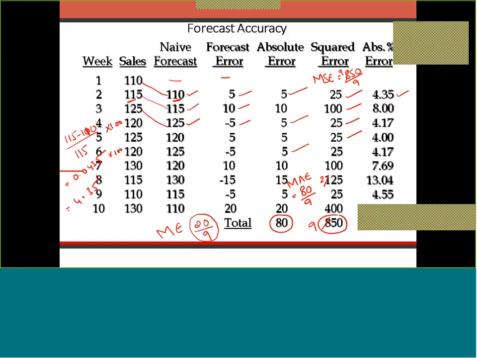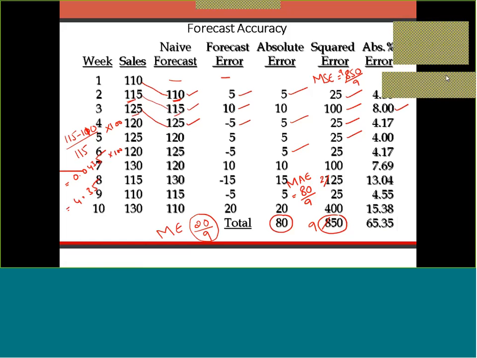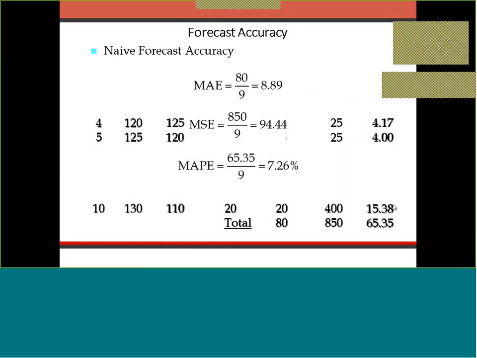Similarly for the next one, 125 minus 115 is 10. 10 by 125 into 100, that is 8. So like that you will calculate the absolute percentage error for each data. Then total is how much? Maybe you will get 65.35.